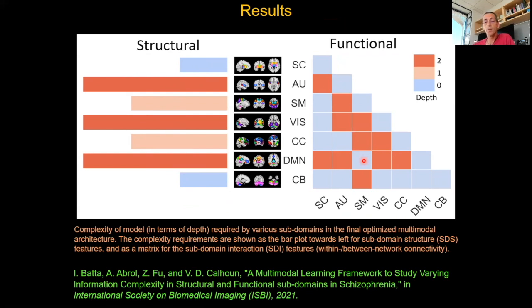They were somewhat consistent, where we found high complexity in auditory, visual, and default mode network in both modalities, and lower complexity in subcortical to cerebellar, suggesting that those are potentially communicating more with these other domains, and it thus requires a less complex model to pick up, perhaps a nonlinear, just a linear model in some cases.